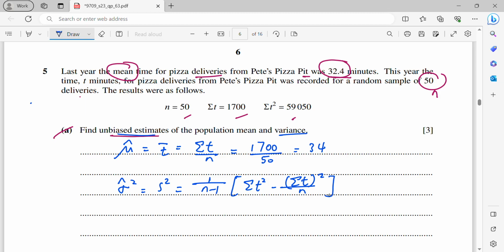This formula is available in the formula list. From here, I will write 1 over 49 because your n is 50. Summation t squared is 59050 minus the square of summation t, which is 1700, over 50.